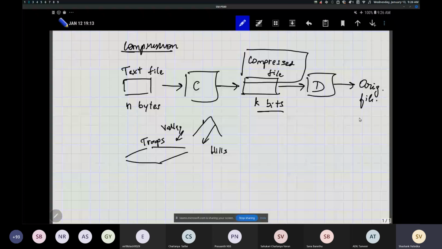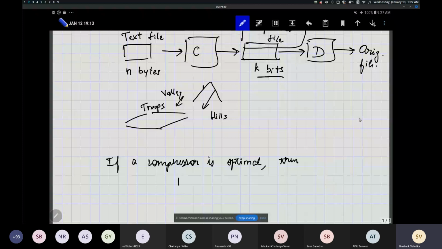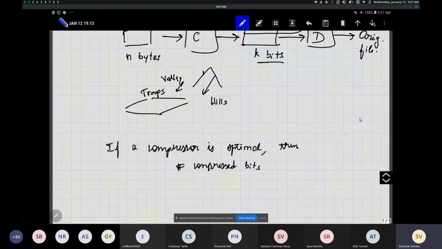So if a compressor is optimal, then the number of compressed bits, that is the file size of the compressed file, is equal to the number of bits of information contained in the file.